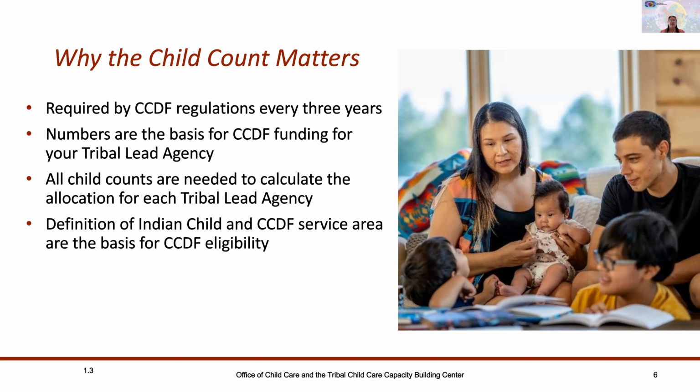All child counts are needed to calculate the allocation for each tribal lead agency. Any issues or delays in receiving a child count can affect all tribal lead agencies. The definition of an Indian child and CCDF service area are the basis for CCDF eligibility. Now I am going to pass it over to Melody to discuss the next simple graphic.